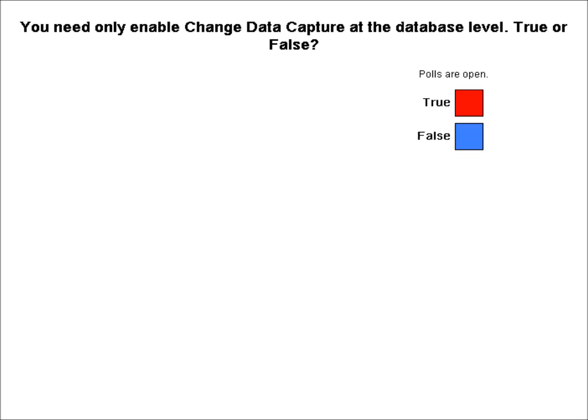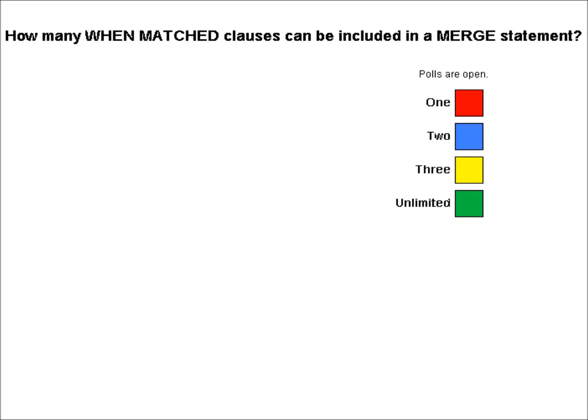Most of you, just about 70%, came in with false. You must enable change data capture at the database level, so you do need to enable it at the database level, but not only at the database level. You have to enable it at the table level as well. So it's false. You must enable change data capture at both the database level and the table level.